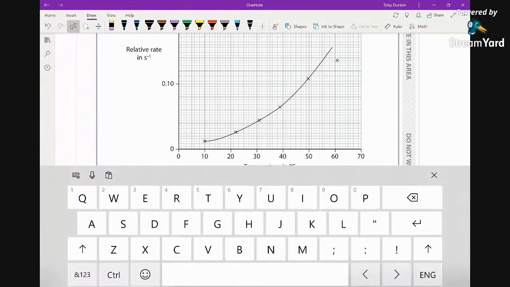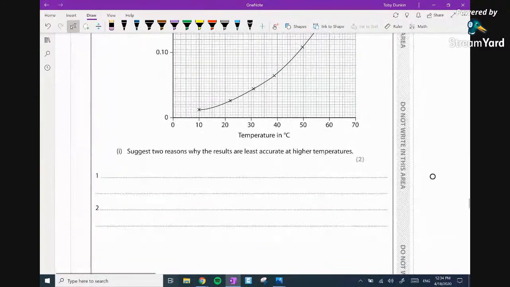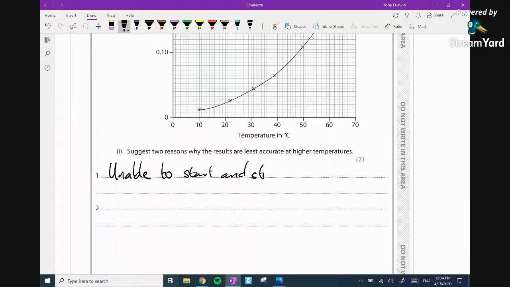I'm going to write what I would put in an exam. Unable to start and stop the clock accurately at such high rates.